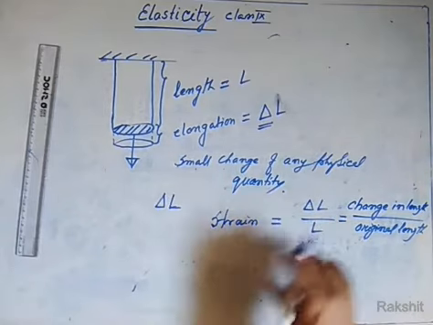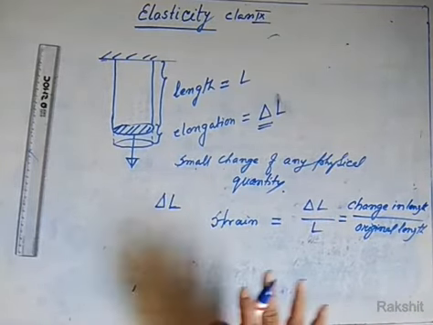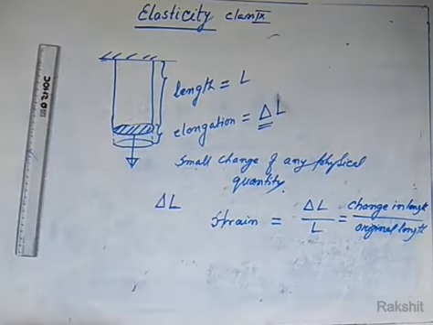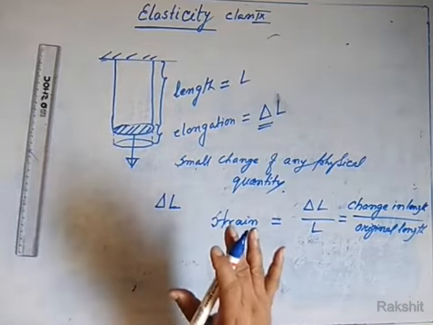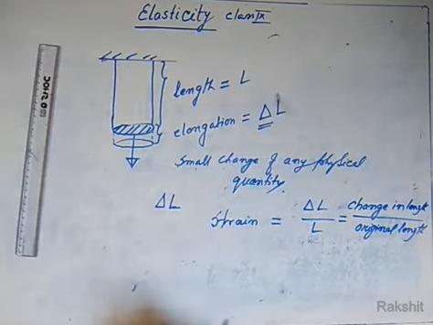This is a particular case. In general, change of any physical quantity per unit. Change of any physical quantity, it may be size, it may be shape, it may be volume, it may be length. So this is known as strain.